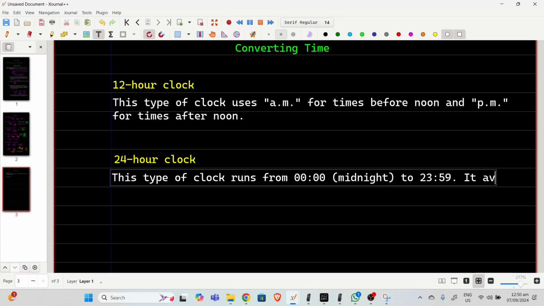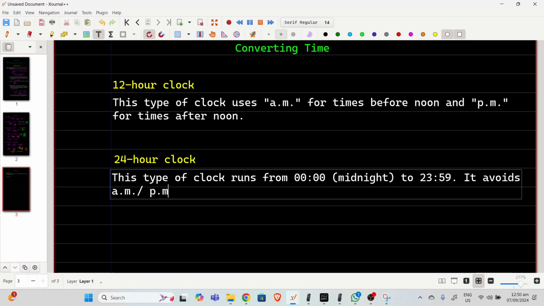It avoids AM, PM confusions. And it's used globally in the military, right? So you don't have any AM and PM confusions. It's just a straight time. Once they say the time, you know exactly what time it is.